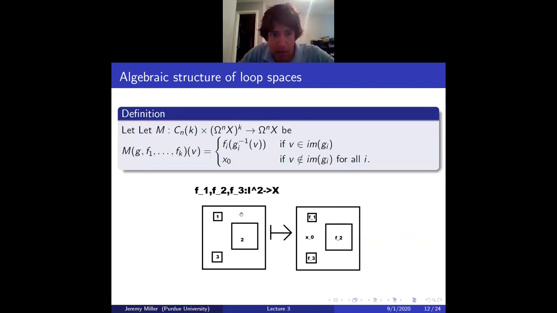If v is not in one of these 3 little cubes, then we send it to the base point. That's what this row says. And if it is in one of these cubes, we can identify this little cube with a standard cube by taking the inverse of the embedding, and then we just apply the ith function f.